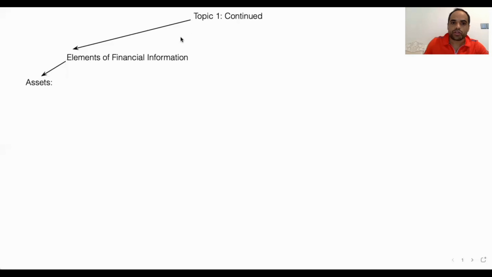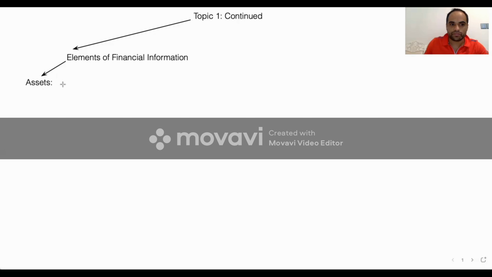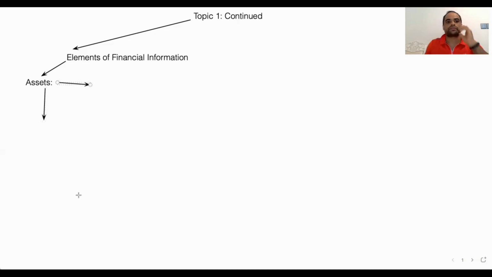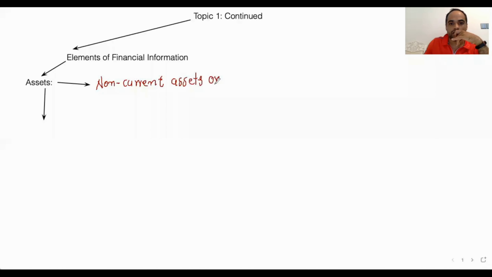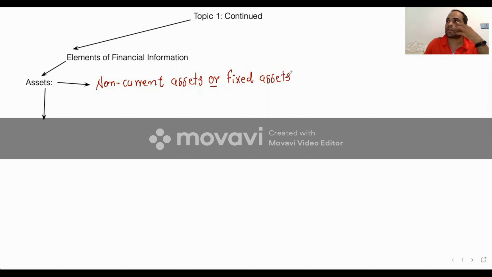So we have two types of assets. The first is non-current assets, or we call it fixed assets.